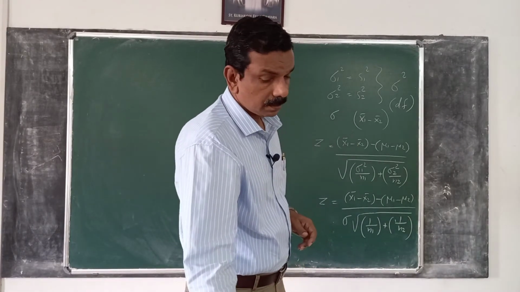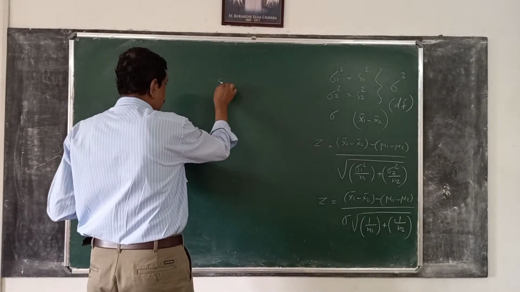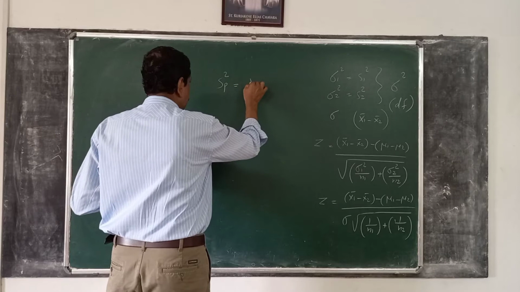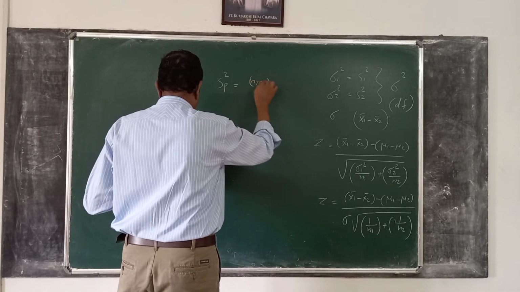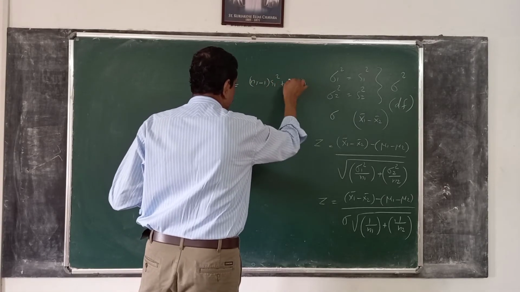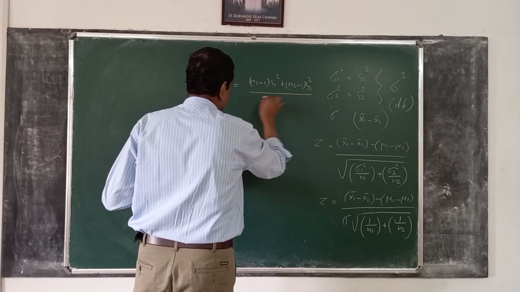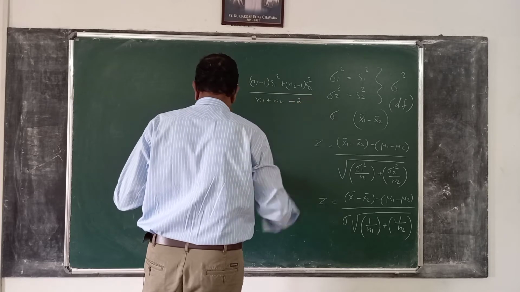So, the estimate of sigma square is S square p, pooled, equal to n1 minus 1 into S1 square plus n2 minus 1 into S2 square, divided by n1 plus n2 minus 2.